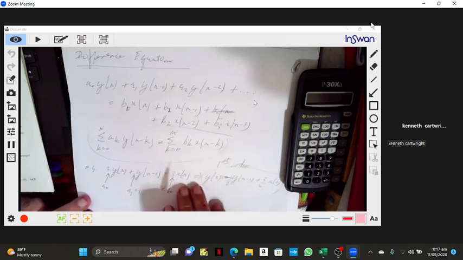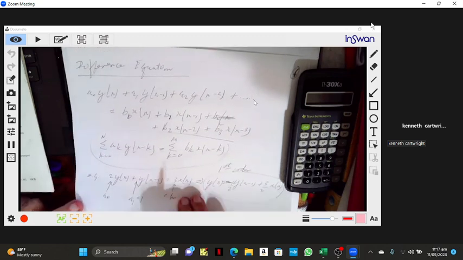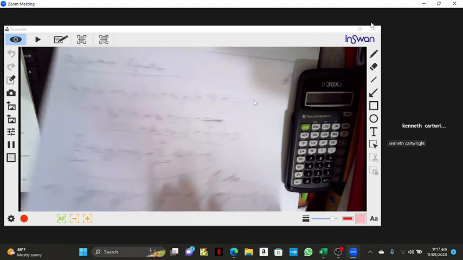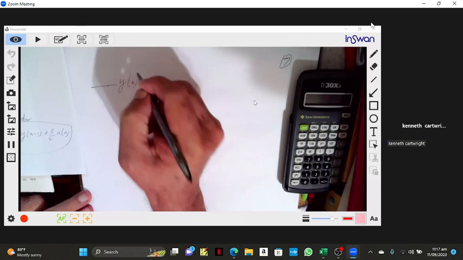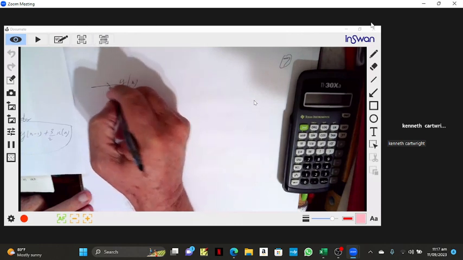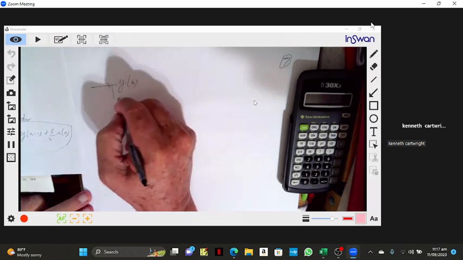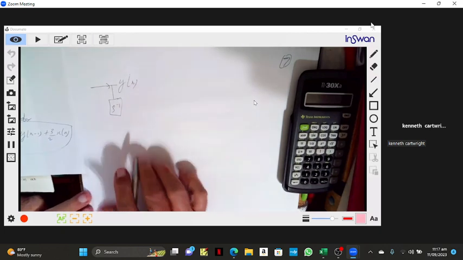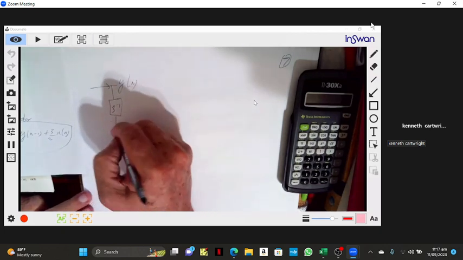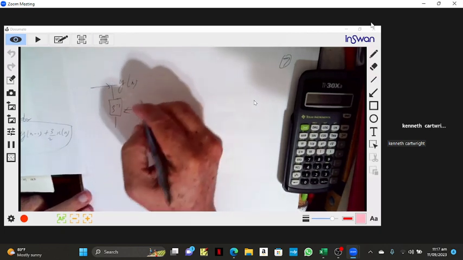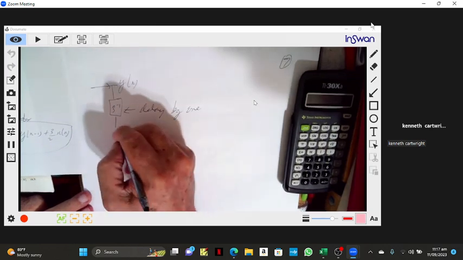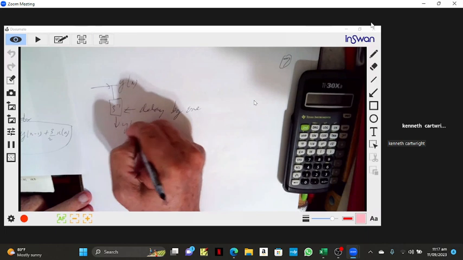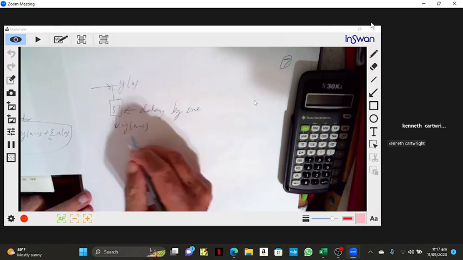We could draw a little diagram of that. Here's y of n. Here's the delay by 1. I'm going to write that as z to negative 1. All that means is delay by 1. And right here would be y of n minus 1.